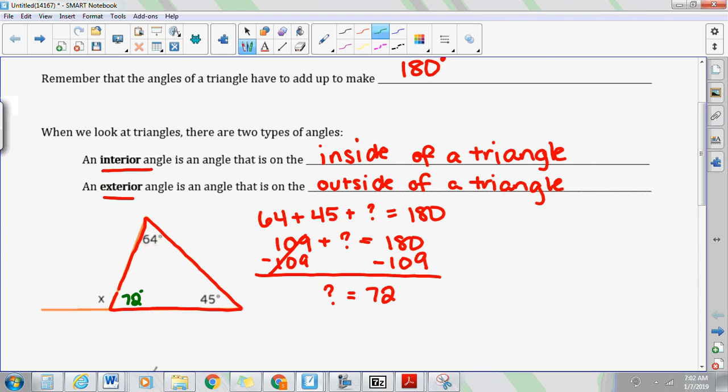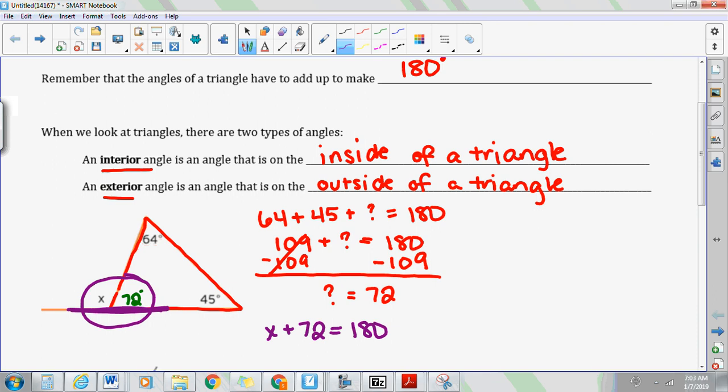And that's really important because I notice that here, these two angles right here make a straight line. And if we remember from task 4, the very last set of notes that we did, angles that make a straight line are supplementary. In other words, they add up to be 180 as well. So in other words, x plus 72 makes 180.